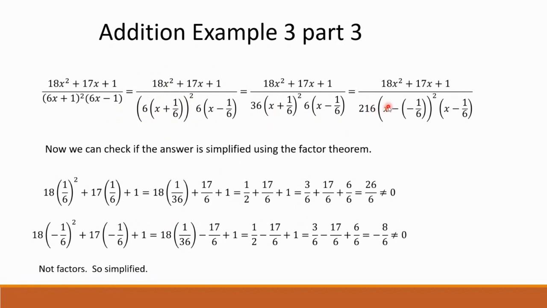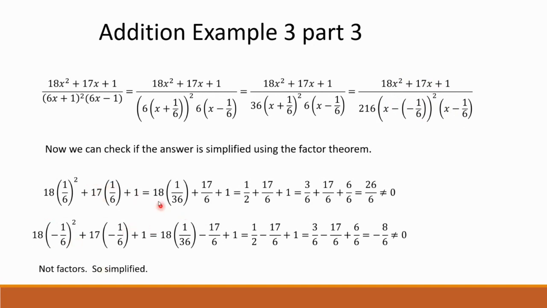Now we can use the factor theorem. Namely, for the numerator, we have to check if negative 1 over 6 is a root and if 1 over 6 is a root of the numerator. Remember, to be a root, the polynomial must map it to 0. And that's what we're checking here.